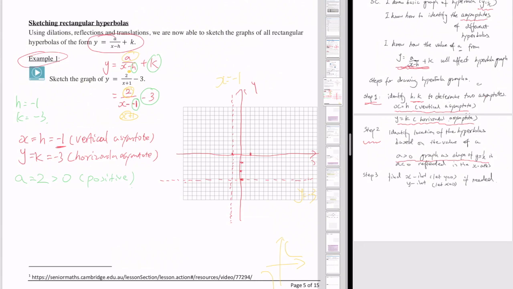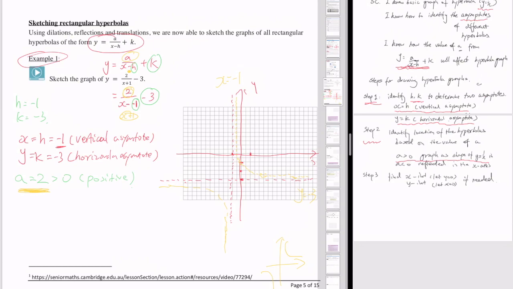These are the two lines that my hyperbola is trying to approach, and because a is larger than 0, it's positive, so it's still on the first and third quadrant. So I can roughly draw a hyperbola and make it approach my two asymptotes. Roughly your graph is going to look like that in yellow.